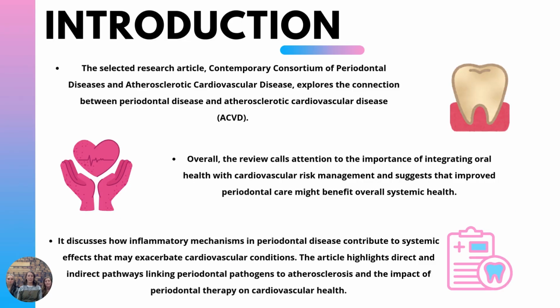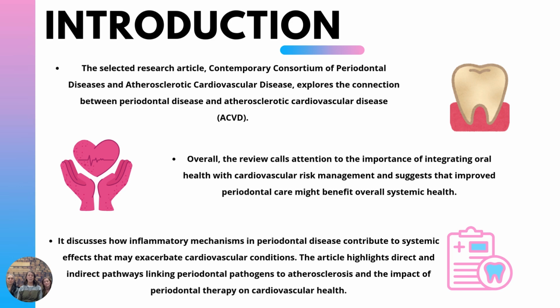So to give a little background, the article is a narrative review that summarizes current research on how periodontal disease might contribute to cardiovascular problems. Both conditions are chronic and inflammatory, and they actually share several risk factors like smoking, diabetes, and obesity. What the article does is break down the science behind that connection.